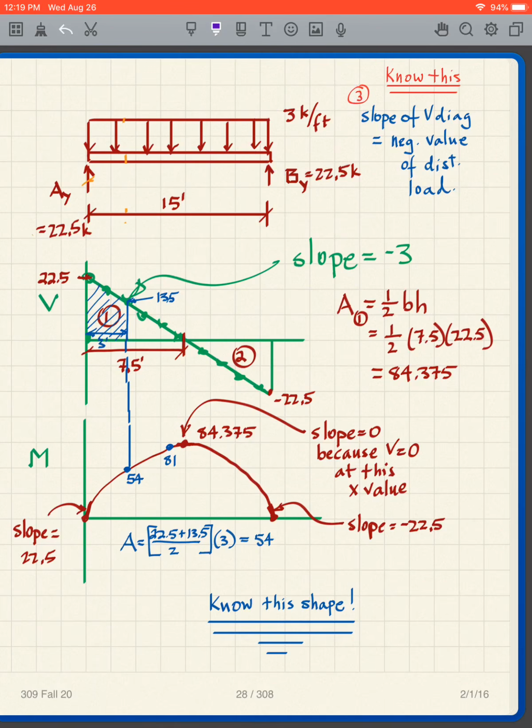Like I said, we follow the arrows to get the shear diagram. So here's the shortcut method. The long way to do these problems is to make cuts. Making cuts always works.